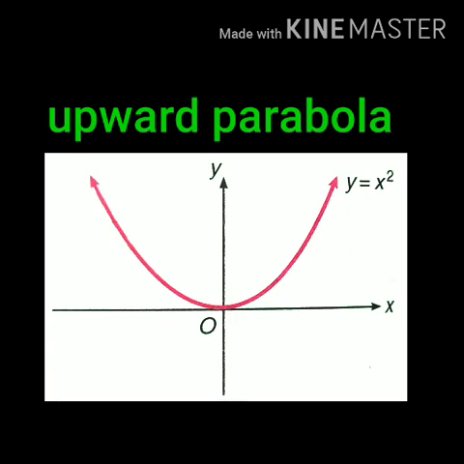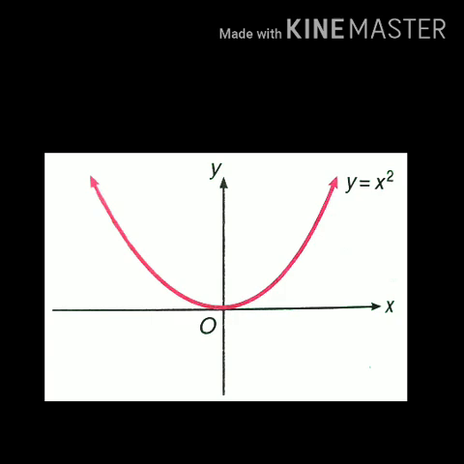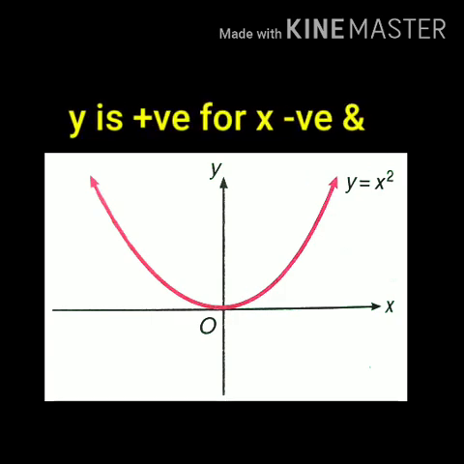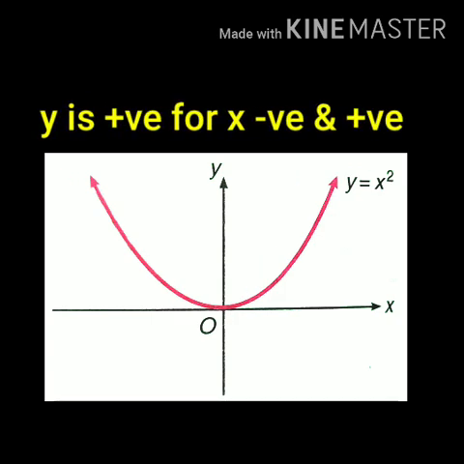As the values of x are the set of real numbers, the values of y are only positive real numbers including 0. Therefore, the graph lies above the x-axis through the origin.